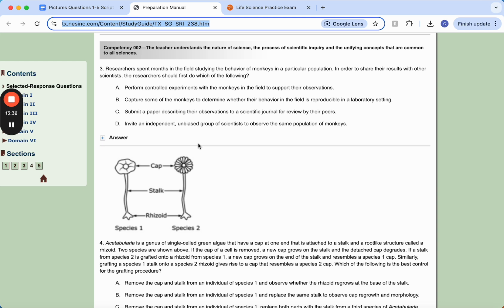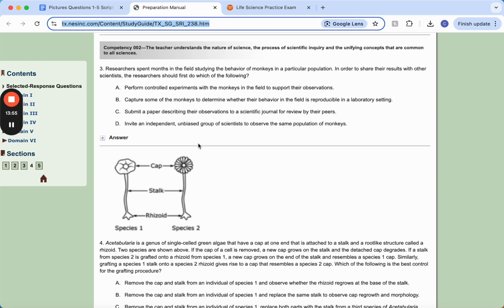B, capture some of the monkeys to determine whether their behavior in the field is reproducible in a laboratory setting. C, submit a paper describing their observations to a scientific journal for review by their peers. Or D, invite an independent, unbiased group of scientists to observe the same population of monkeys.